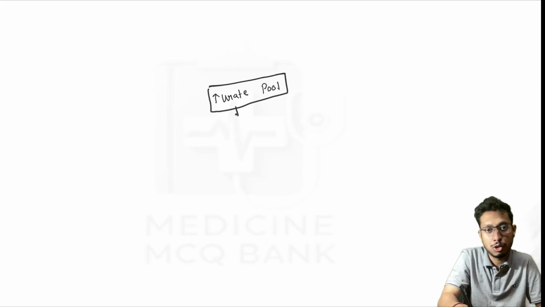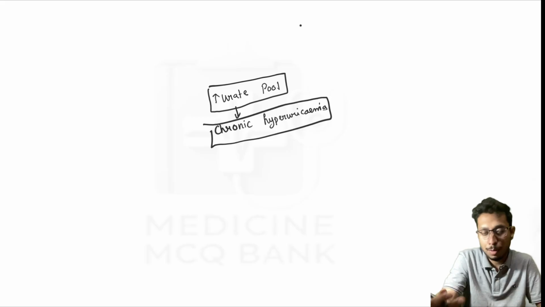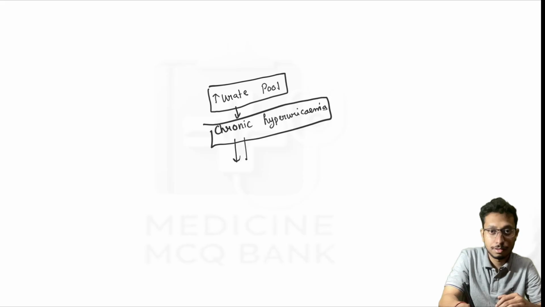Increased urate pool is due to chronic hyperuricemia. Now, we will come to the points later, but at some point when the saturation point is reached, this uric acid gets crystallized.